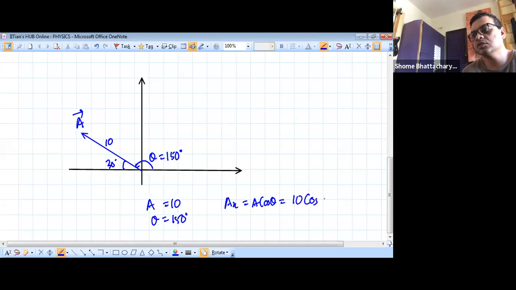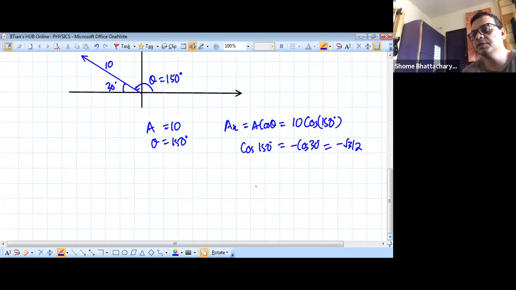Okay. So the x component will become 10 cos 150 degrees. Now cos 150 is the same as minus cos 30, that is minus root 3 by 2. And sine 150 is the same thing as sine 30 or half.